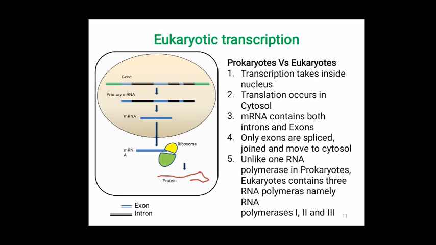In eukaryotes, the mRNA contains both introns and exons, whereas prokaryotes mostly carry only coding sequence. There are no introns in prokaryotes. Only exons are spliced, joined and moved to the cytosol in eukaryotes. Unlike the one RNA polymerase in prokaryotes, eukaryotes contain three RNA polymerases, named RNA polymerase 1, 2 and 3.